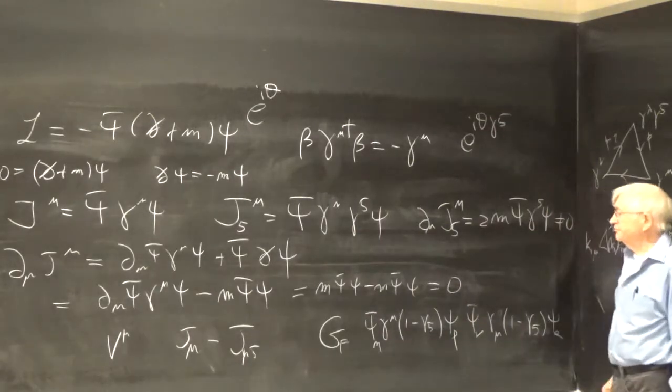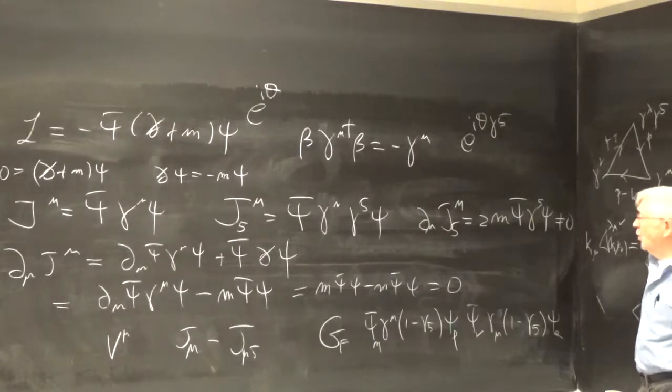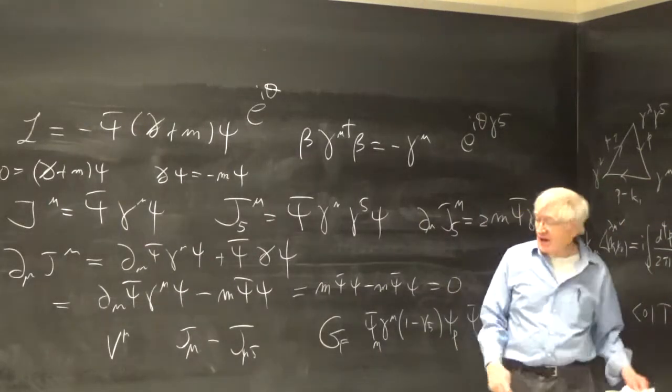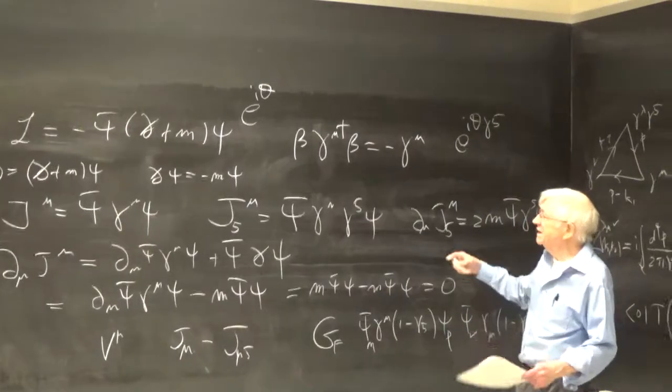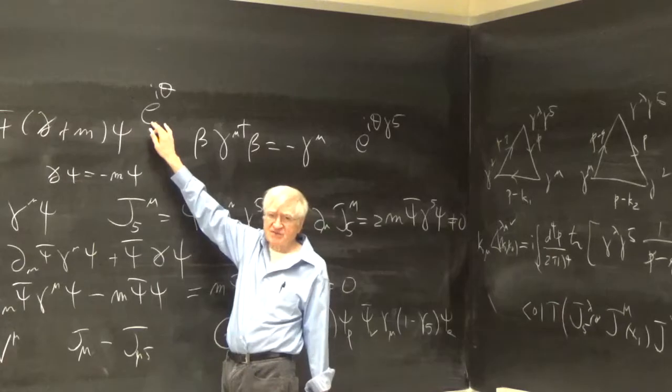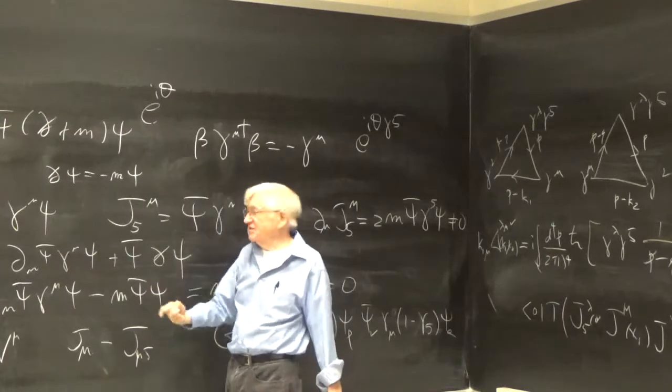What Fujikawa showed was that if you set up the path integral and make a transformation on the fermion fields, it's a U1 transformation, everything's fine.